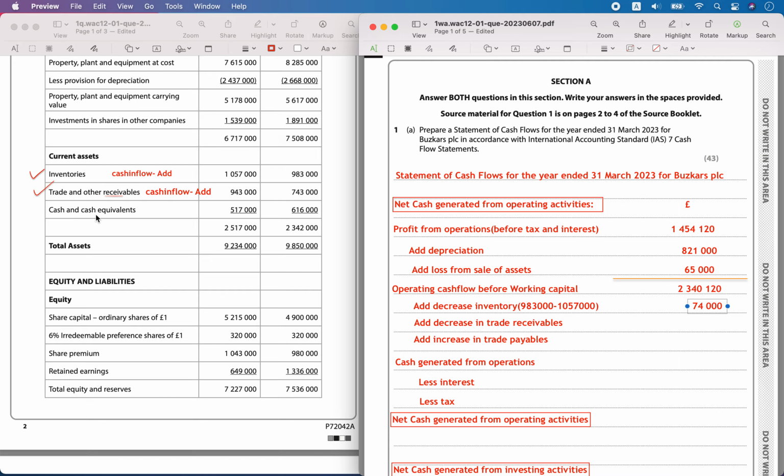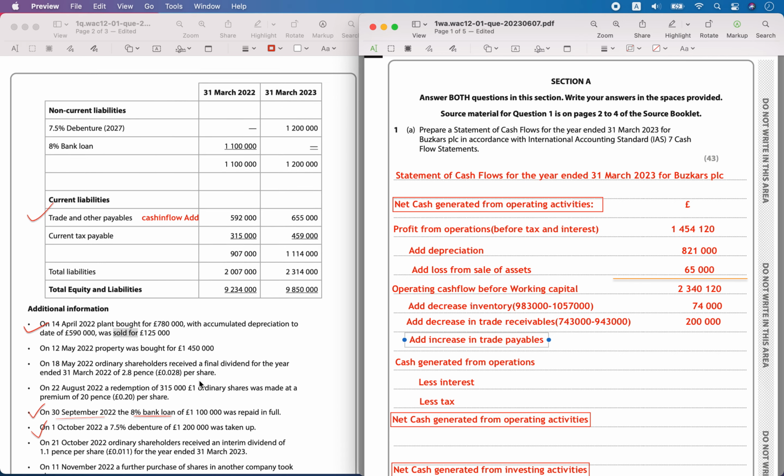Then add any decrease in trade receivables. So that is going to be 743,000 minus 943,000, which is equal to 200,000. This also I will have to add back: 200,000.